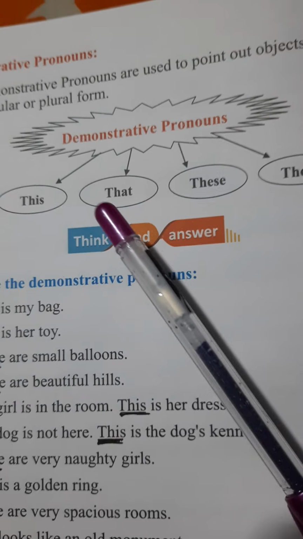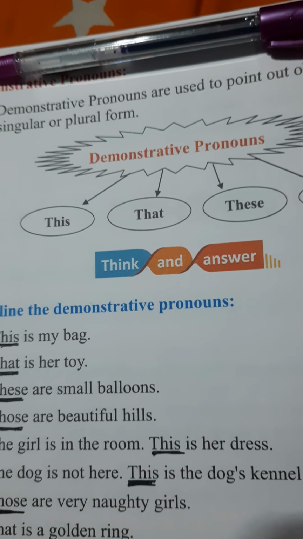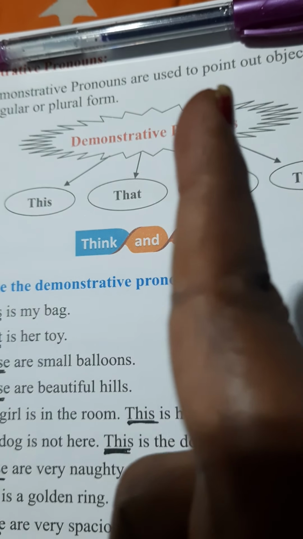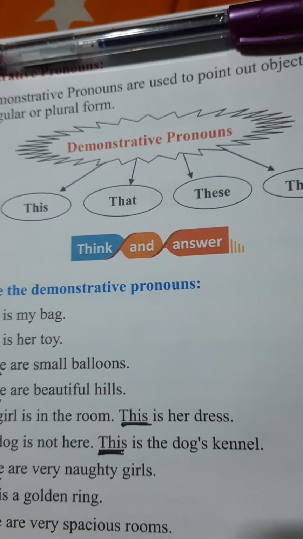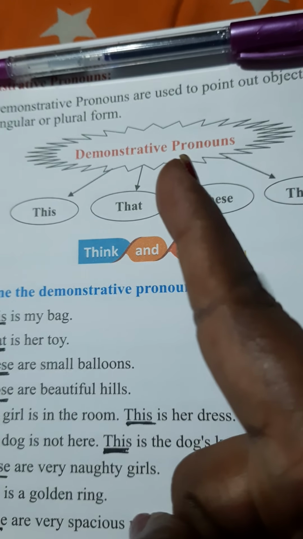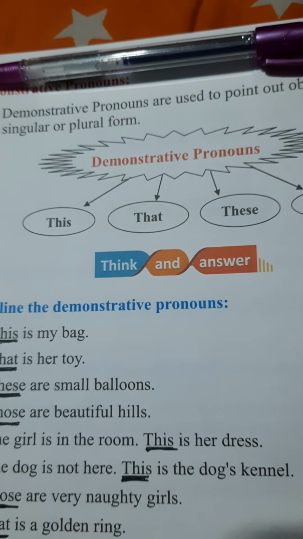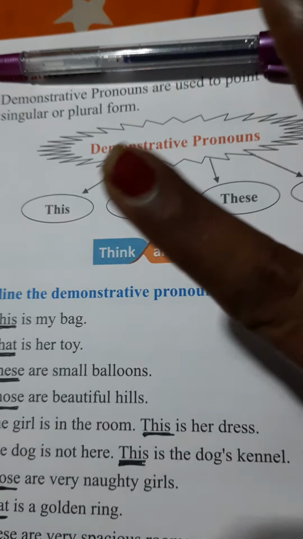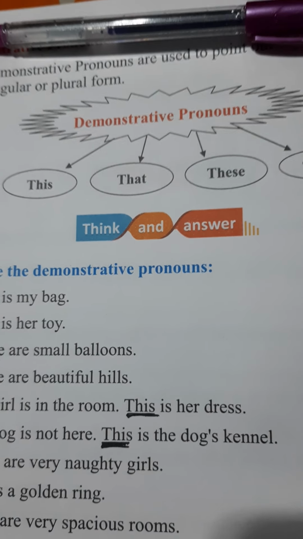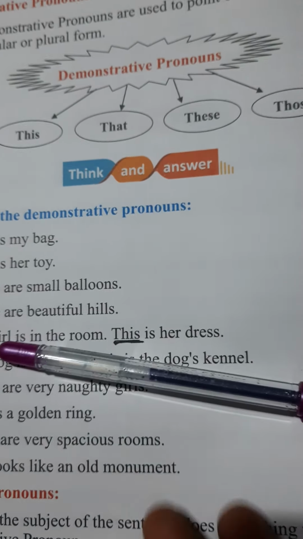Now one pen is lying a little bit far, I will say that is a pen. Again, that is a demonstrative pronoun for things lying far. Now suppose two pens are lying close to me, I'll say these are two pens.